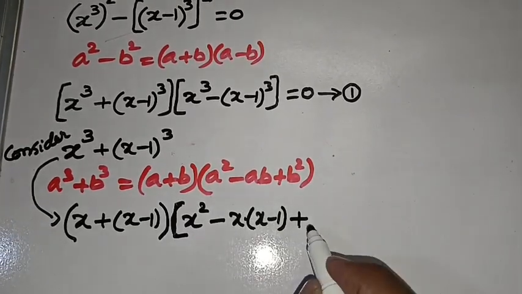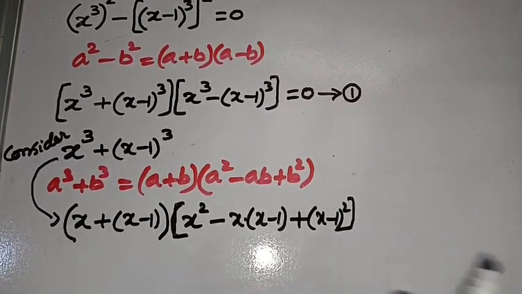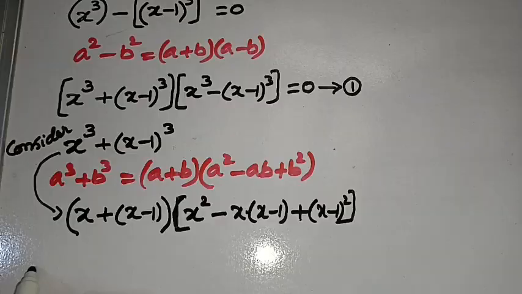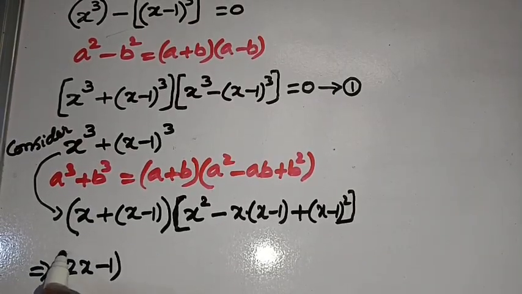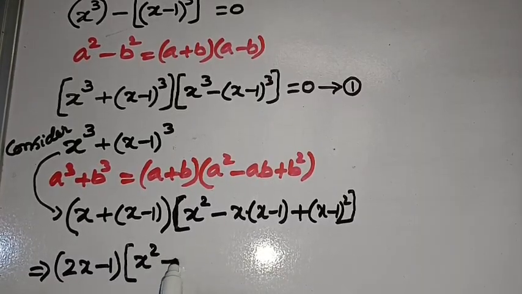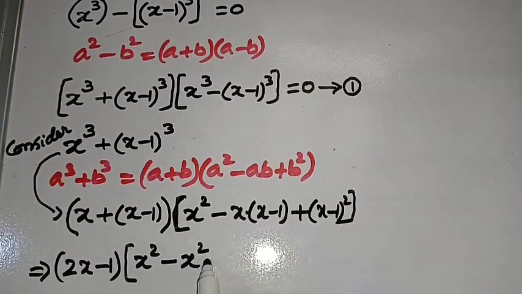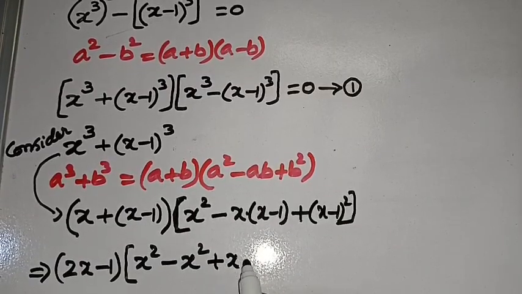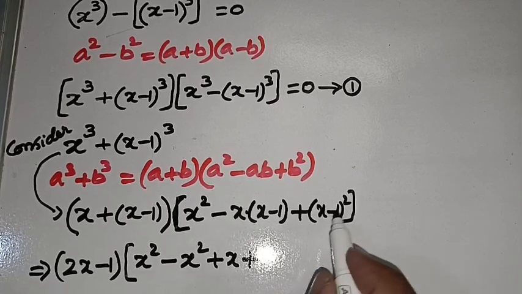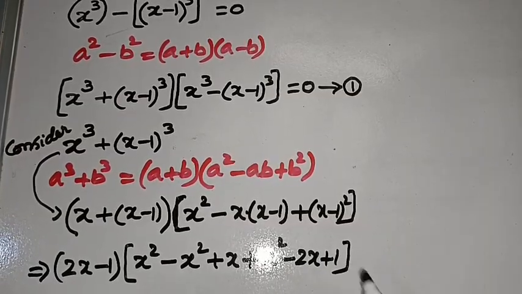B square here is (x minus 1) whole square. So this implies (x plus x, that is 2x minus 1) into (x square minus x times x, x square, minus x times minus 1, which is plus x, plus, expanding this using the (a minus b) whole square formula, x square minus 2x plus 1).